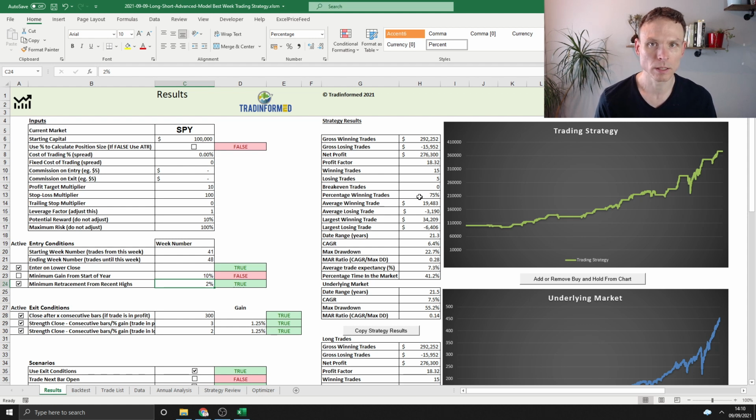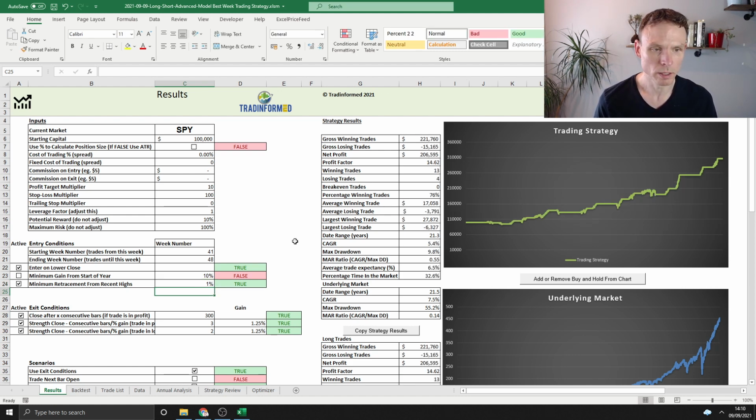Percentage of winning trades is staying consistent as well. Yes, we're getting a smaller sample size, but the results are holding steady. So even more surprising to me, within 1% of recent highs, we're still getting most of these trades.